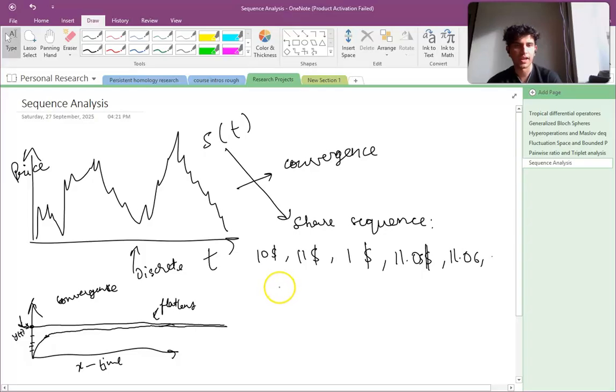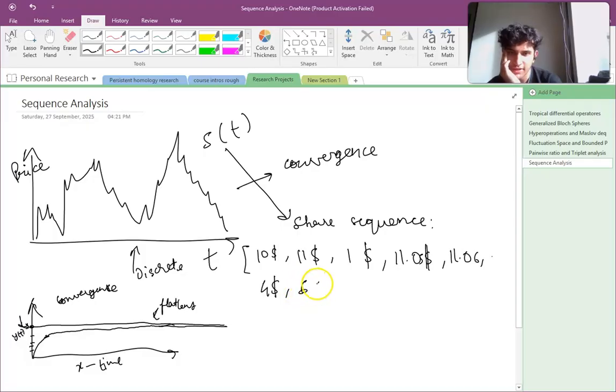Let me actually try to explain the point I'm making. This is my sequence, and then I have $4 out of nowhere, $6 out of nowhere, $11.7 out of somewhat nowhere, $10 again, and so on.